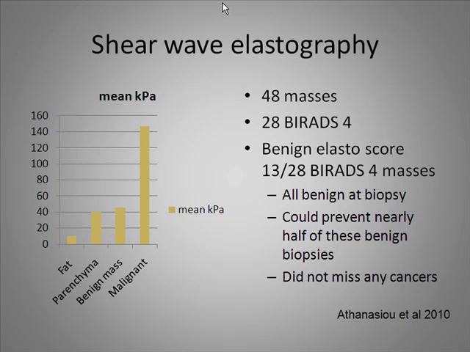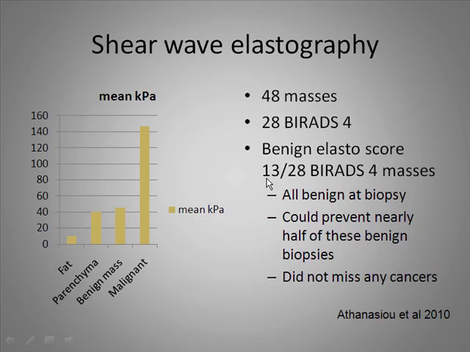Shear wave elastography has had limited publication, but of the 48 masses that were studied in this trial, 28 were BI-RADS 4, and of those, nearly half had elastography scores in the benign range.